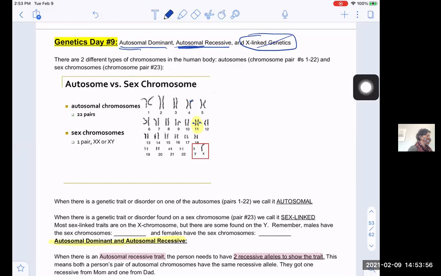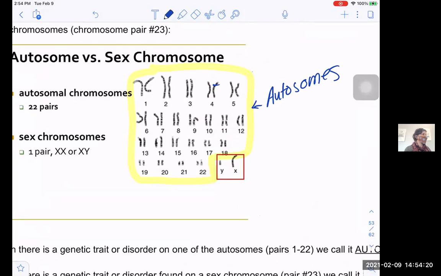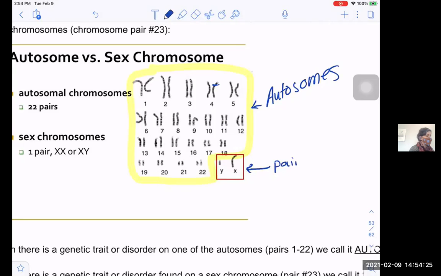If we look at a picture of chromosomes here, the pairs 1 through 22 are what we call the autosomes. So you have 22 pairs of autosomes. The last pair, number 23, are your sex chromosomes.